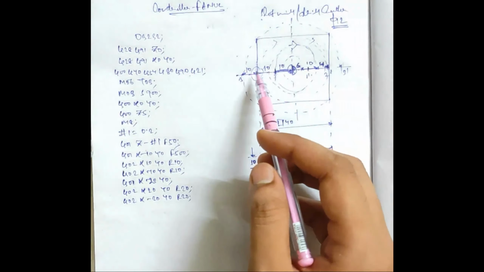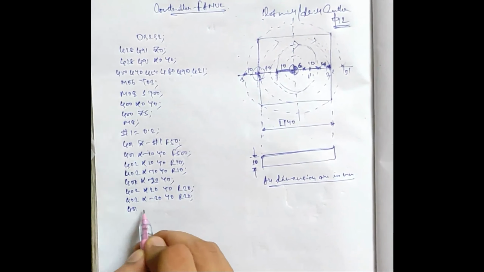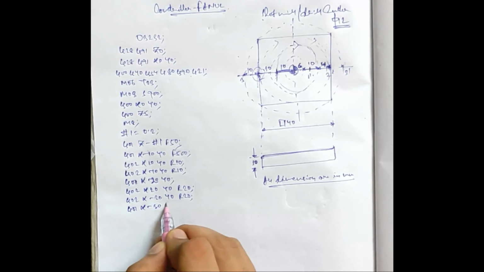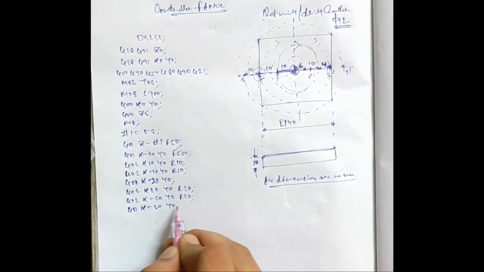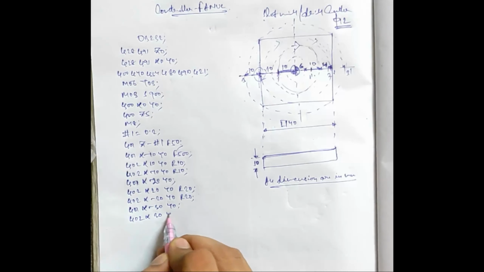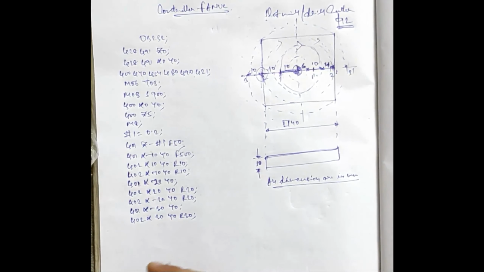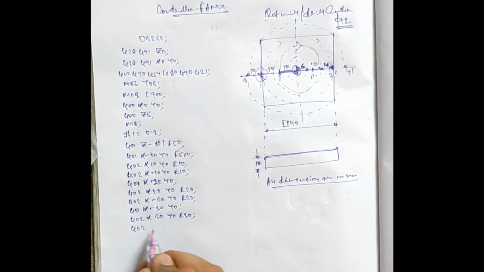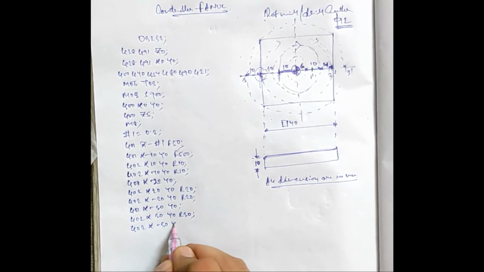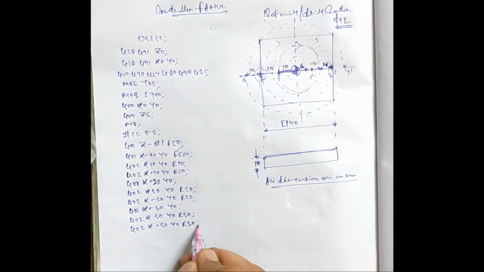While moving from point number 2 to point number 3, it is a linear path, so we are going to use G01 X minus 30 Y0, then 3 to 3 dash, then 3 dash to again 3 to make a complete circle.